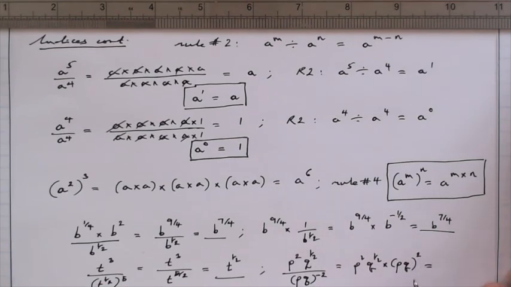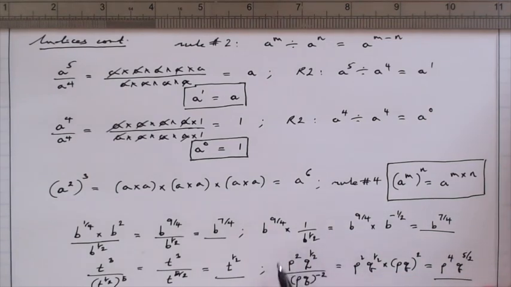And now I just need to deal with these indices, but I have to treat each base separately, very important. So this pq all squared is p squared times q squared. So I have a p squared times a p squared gives me p to the 4th. And then I have a q squared times q to the 1/2. So I just invoke rule number 1. I just add those indices together, and 2 plus 1/2 would be 5/2.